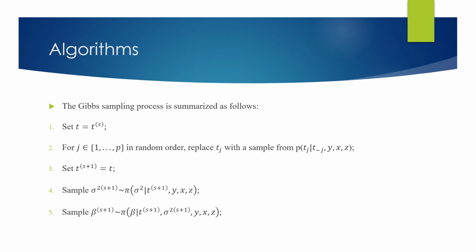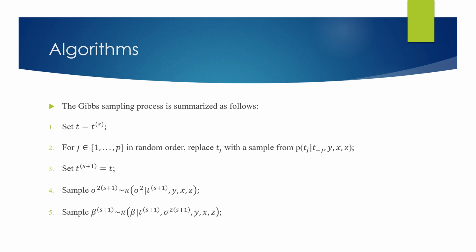First, we set t to the starting values, and the second step is for j in 1 to p in random order, we replace tj with a sample from the marginal probability distribution of tj given the other parameters.